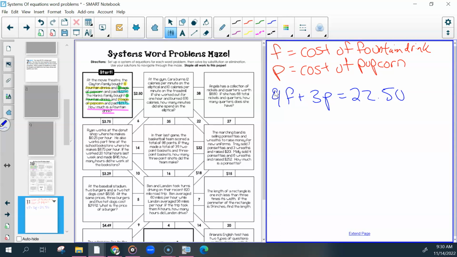If you use different variables, just make sure your variables match. And then for the second one, what's nice is all of your problems will usually be set up the same way.